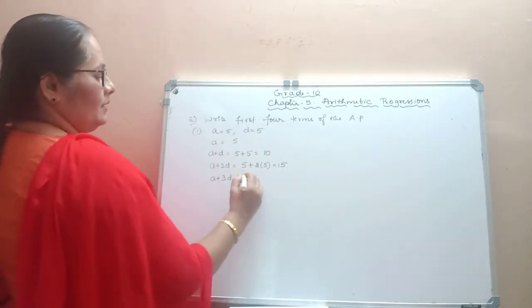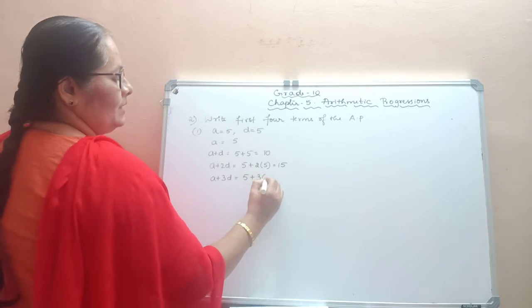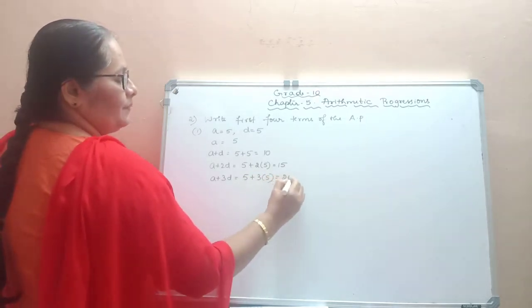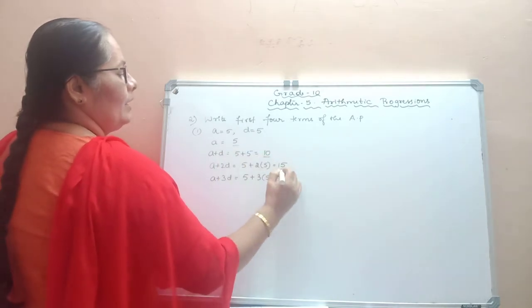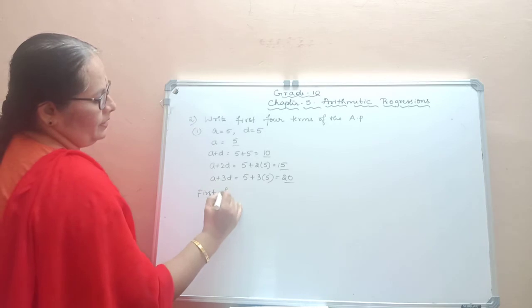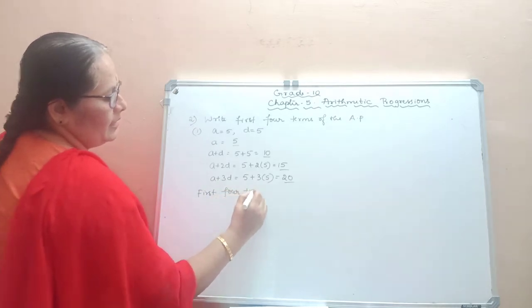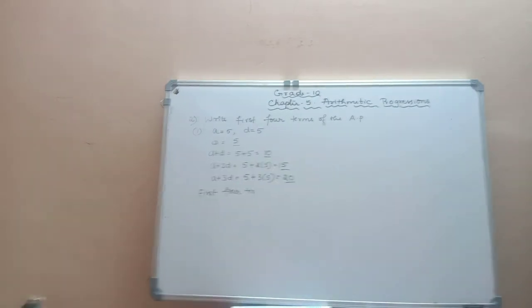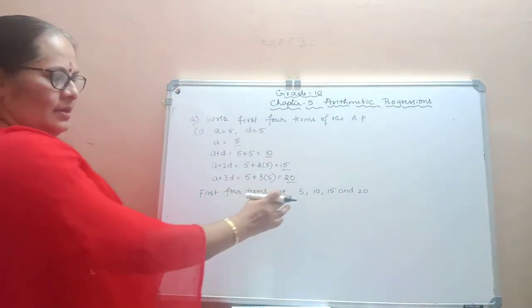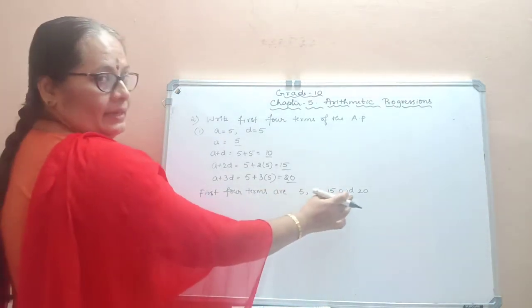Then the fourth term: 5 plus 3 into 5. 3 5s are 15 plus 5, 20. So the first four terms are 5, 10, 15 and 20.